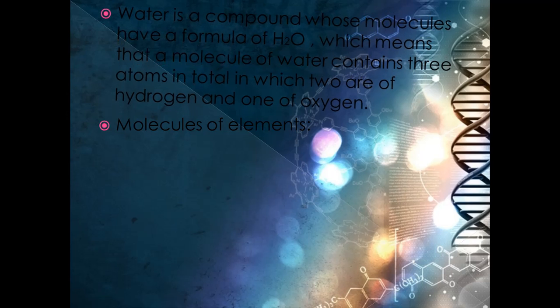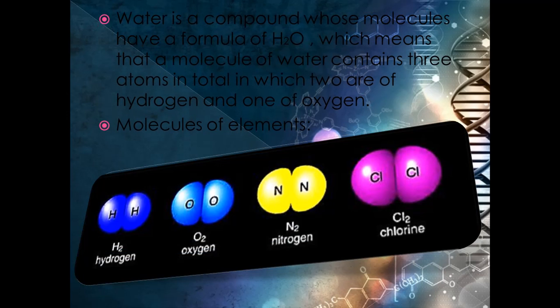So, molecules of the elements like H2. Now, you can see that there is a bond between H and H. Oxygen O2: there is a double bond between the oxygen atoms. N2, nitrogen: there is a triple bond between N and N. And Cl2, chlorine, is a molecule with a single bond between chlorine and chlorine.